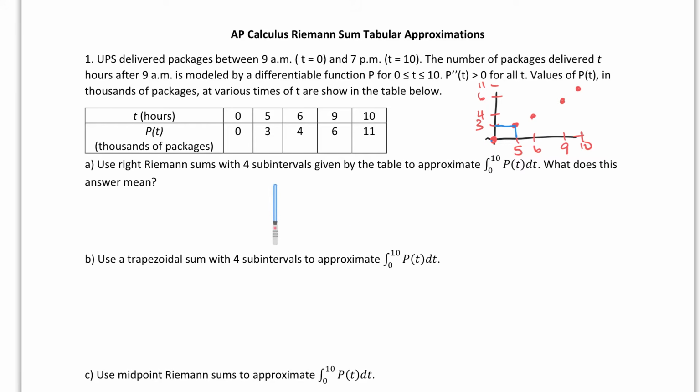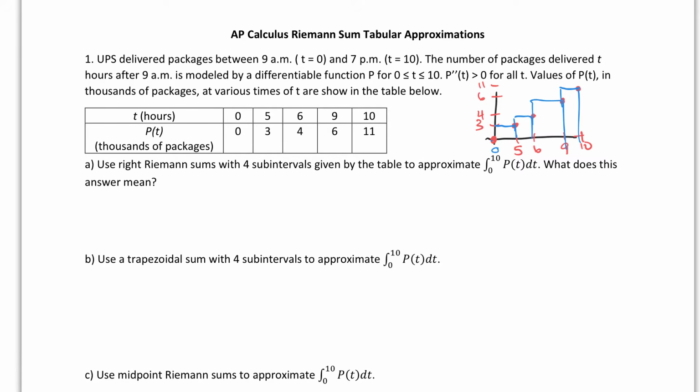And we have 4 subintervals, so I should be able to make 4 out of these. If not, I'll have to adjust it, but right now there's 1, there's 2, there's 3, and the right would be 4. Okay, so those are my 4 rectangles. And we have to approximate this from 0 to 10, and that's the area under the curve, right? Because that's what we're doing when we approximate these.